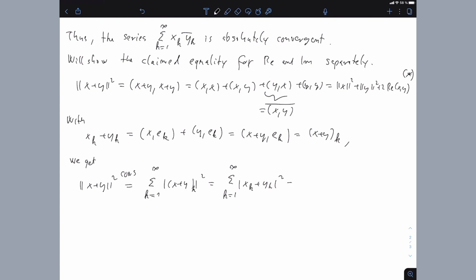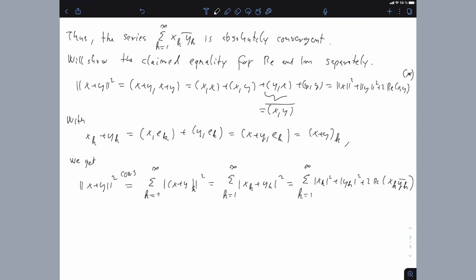Now I can factor the square out and get xk squared plus yk squared plus 2 times the real part of xk times yk conjugated.